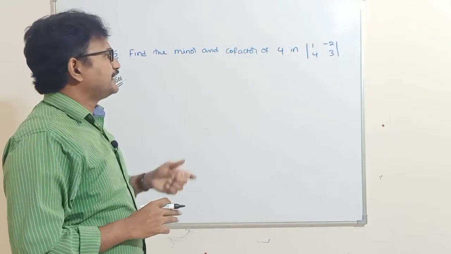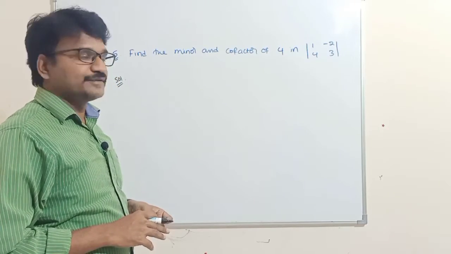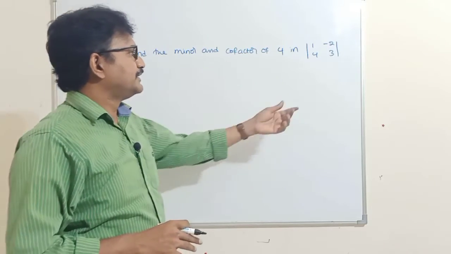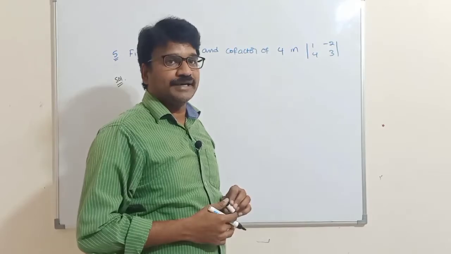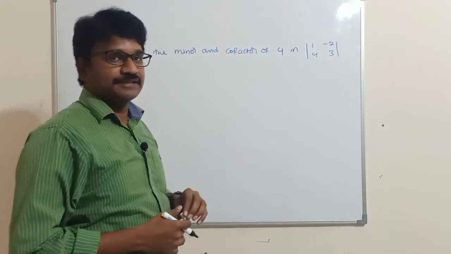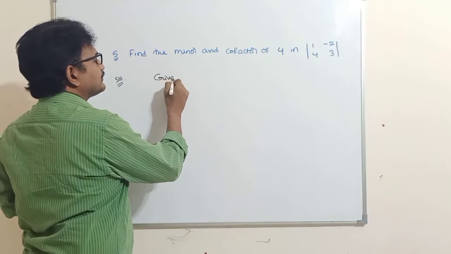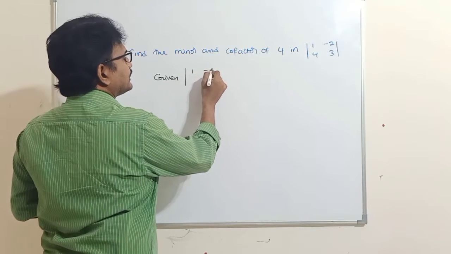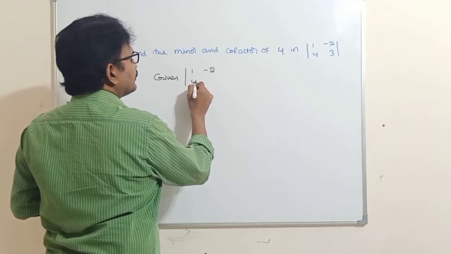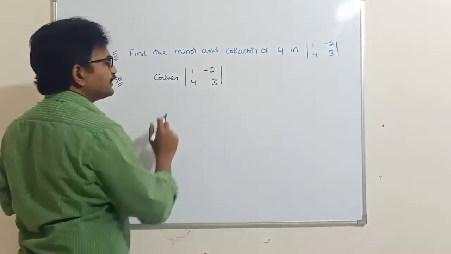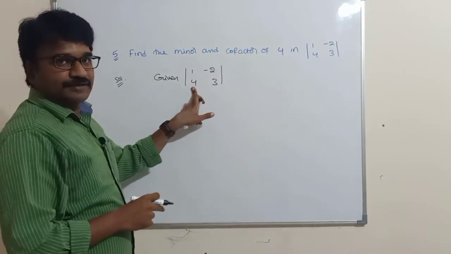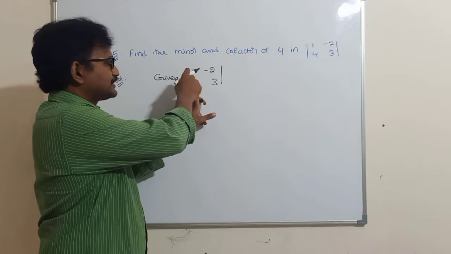Next problem. Find the minor and cofactor of 4 in the determinant of 1, minus 2, 4 and 3. So the given determinant is 1, minus 2, 4, 3. 4 is in the second row, first column.